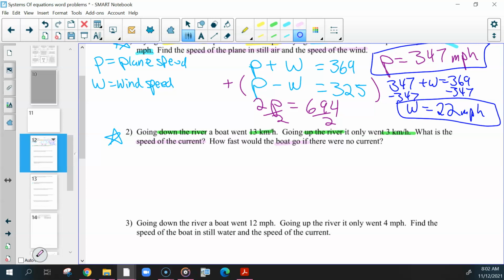So then what two things do we need to find or don't we know?